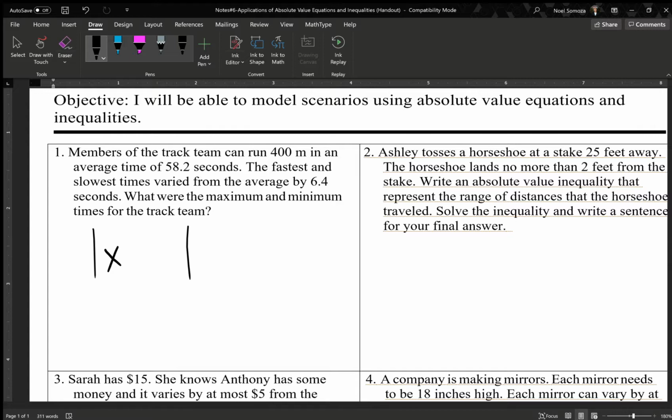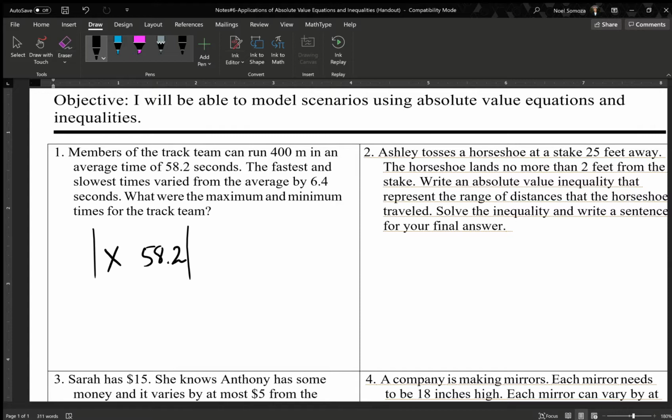The value that we're talking about, what was the average time? It's 58.2. That's the time that you generally want to keep in the middle. It's like a sandwich. You want that in the middle. And then the other things are the ones that tell you how far to go on one side or the other. So usually what happens here is the 58.2 goes inside.